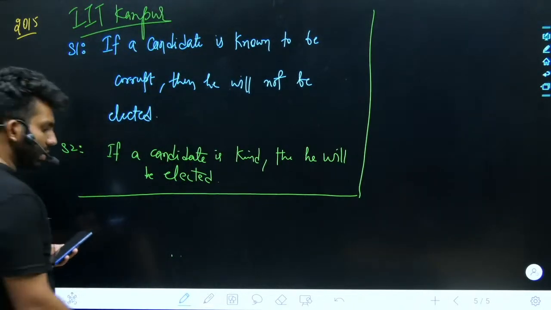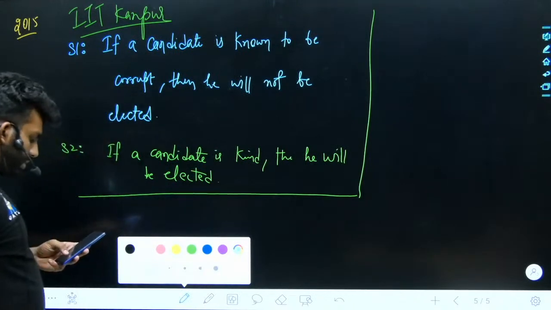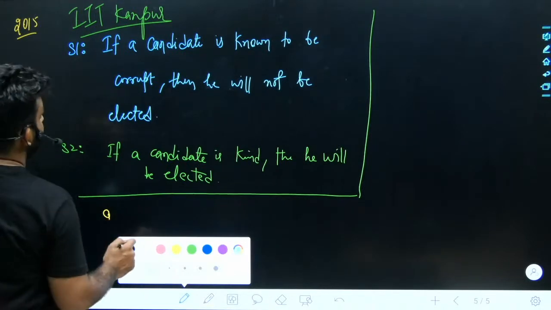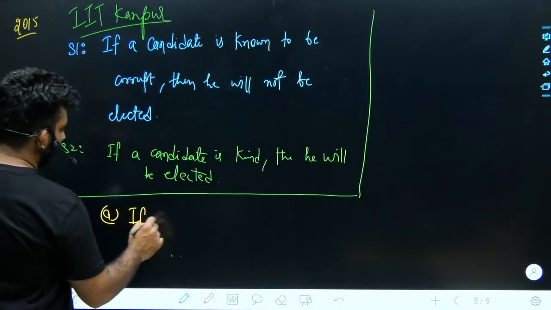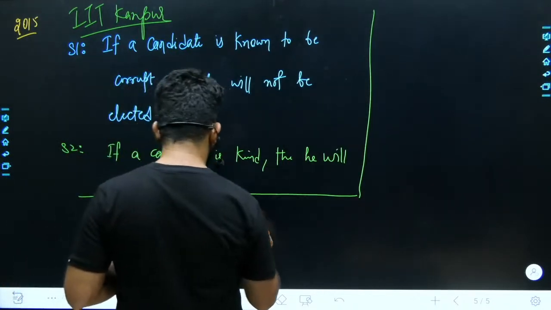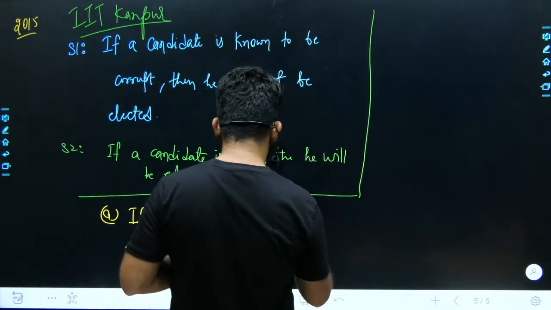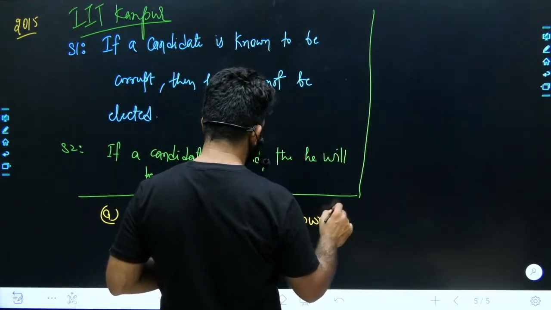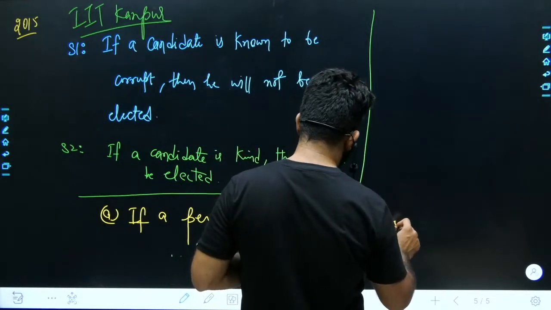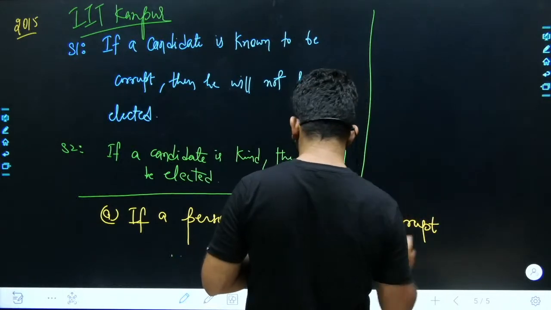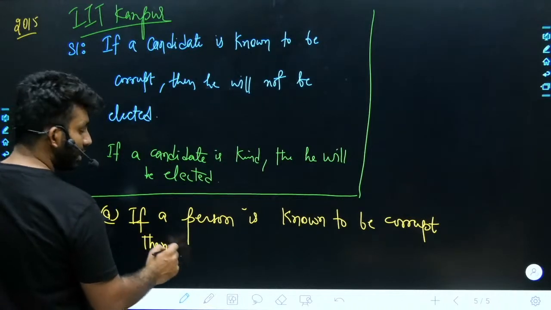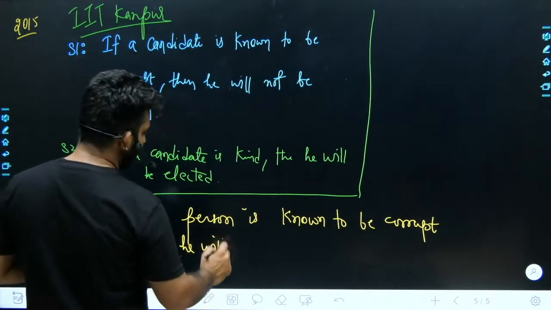Option A: if a person is known to be corrupt, then he will not be elected.